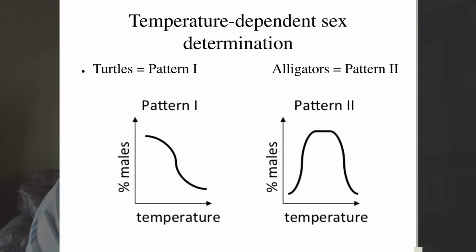High temperature indicates that there is a low percentage of males, and so this is called pattern 1. Alligators have kind of a curious one in which either of the extreme temperatures results in very low number of males. Moderate temperatures indicate a very high percentage of males.